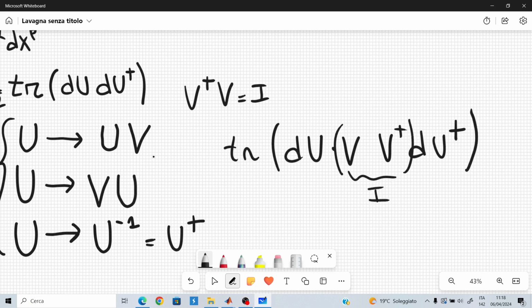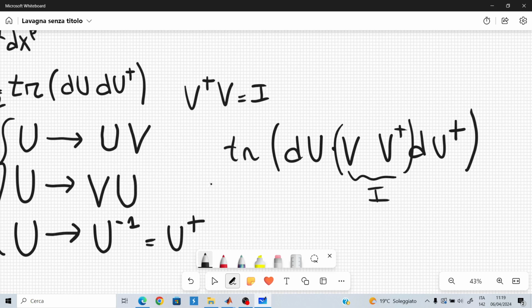And you have to think that V is independent of the three parameters. So when we take the differential of this quantity, we only have to take the differential of U because V is constant. Similarly, you can show that if you make this transformation, this trace will remain invariant by using the cyclic property of the trace.